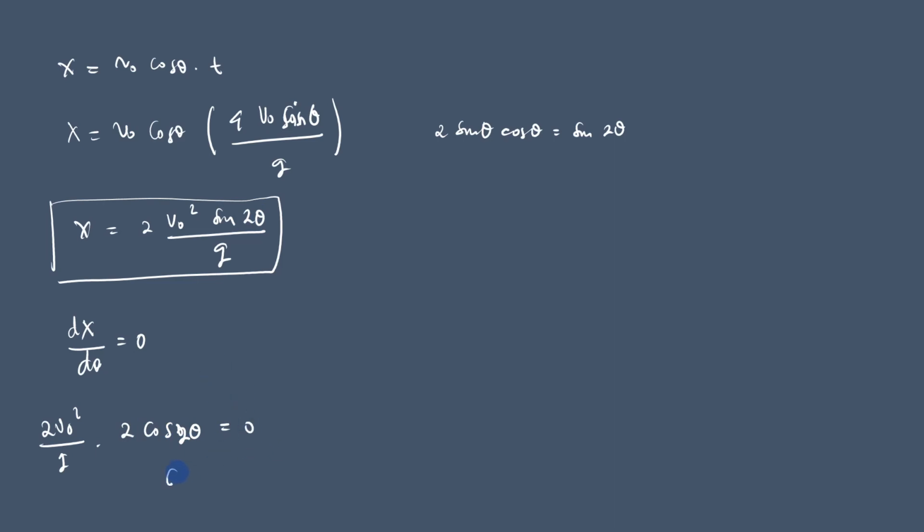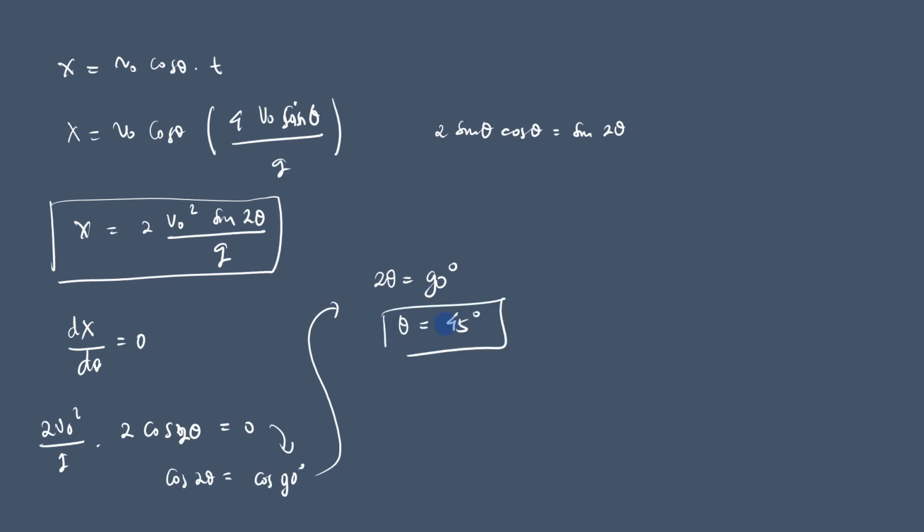Of course, cos 2θ equals cos 90 degrees, which has a value of 0. And we know from this equation that 2θ = 90 degrees, so θ = 45 degrees.